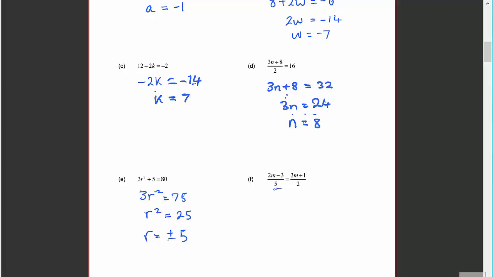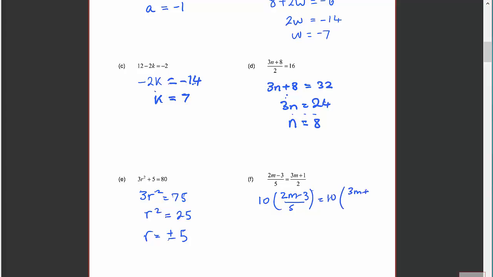For this one here, with our fractions having a denominator of 5 and a denominator of 2, I would multiply both sides by 10. So I'm going to show that explicitly. Sorry, this is 2m minus 3 over 5, and 10 on this side as well.